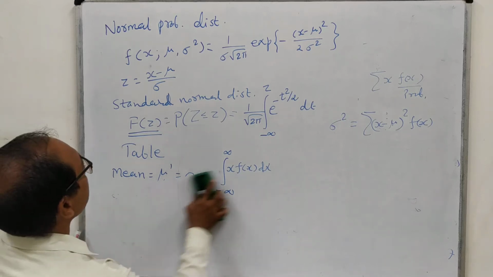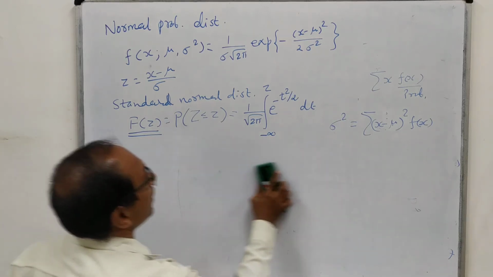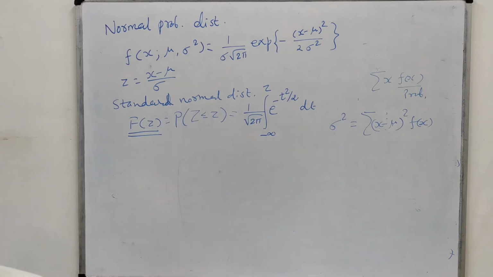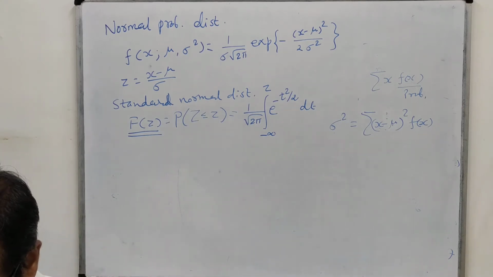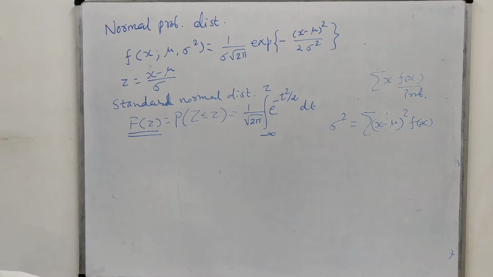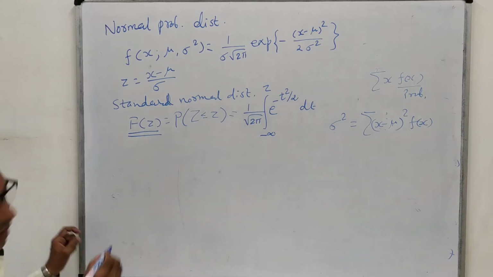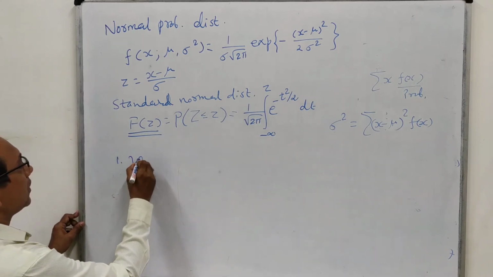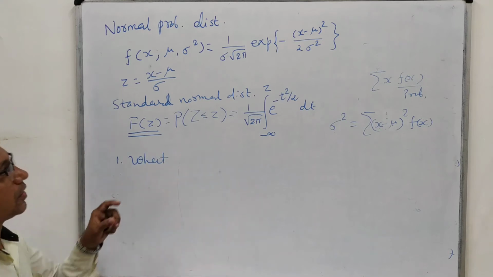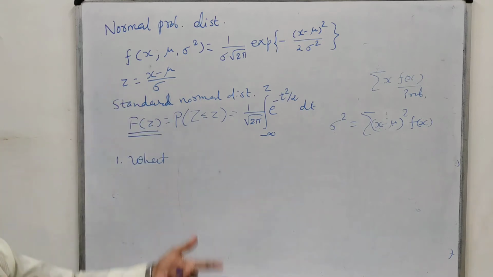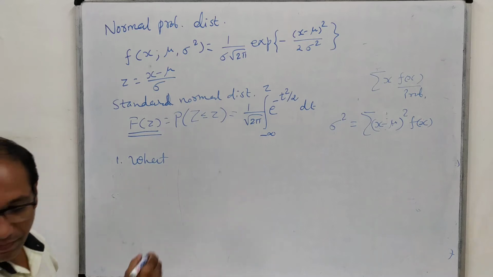So now let us see examples. Suppose one simple example, that we want to understand the concept of z and the tabular values. What do we understand?